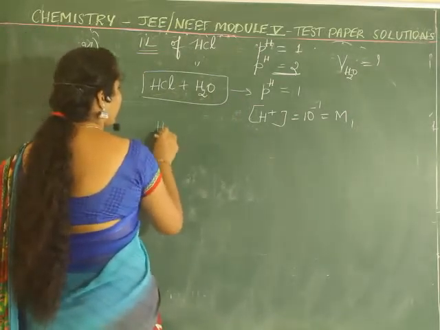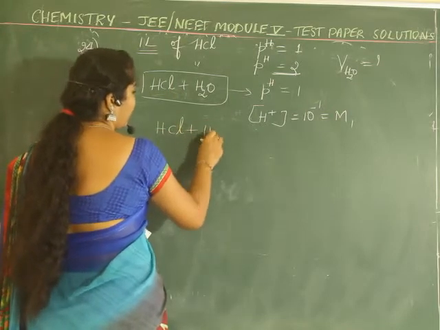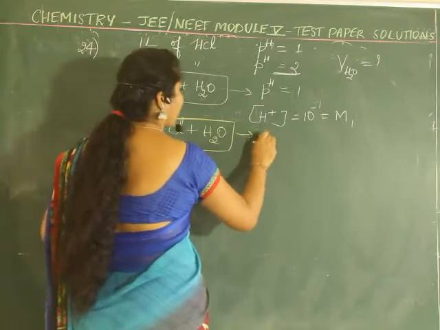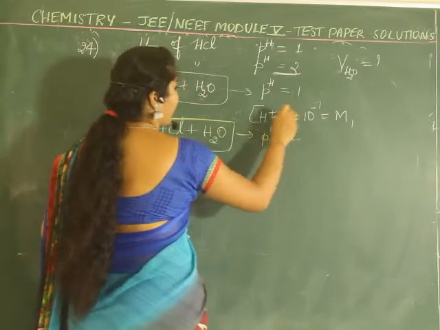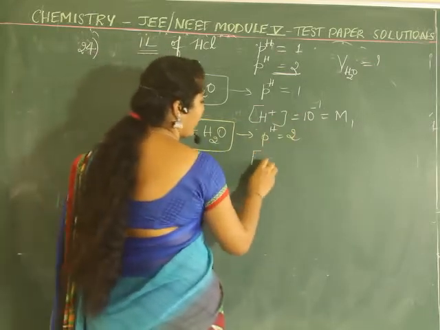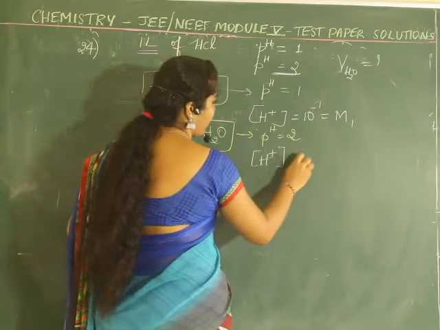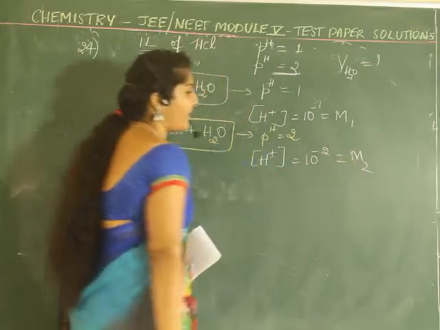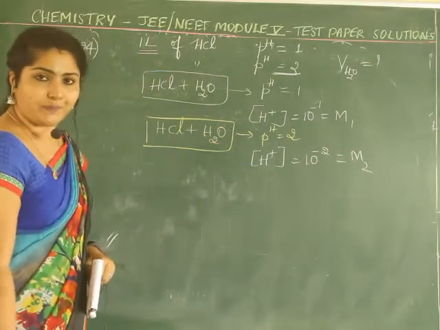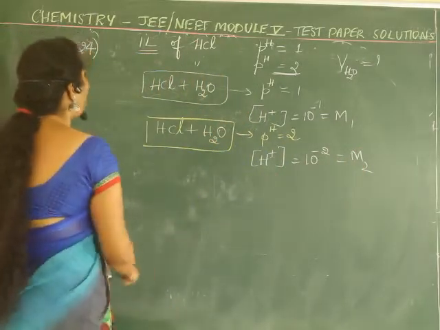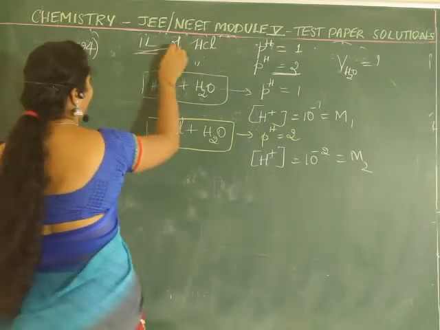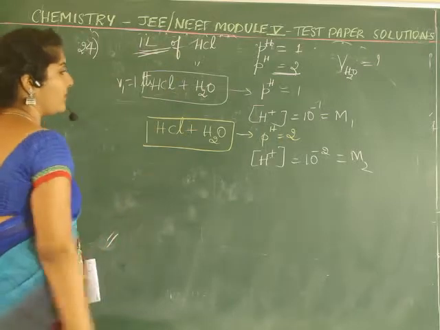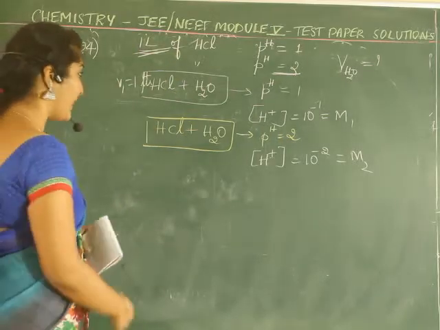The second solution is again HCl in water itself, an aqueous solution, but here the condition is that pH must be 2. If pH must be 2, that means the H plus ion concentration will be 10 to the power minus 2. So we know the molarity of the second solution also. And we know the volume for the first solution, which is given as 1 liter.